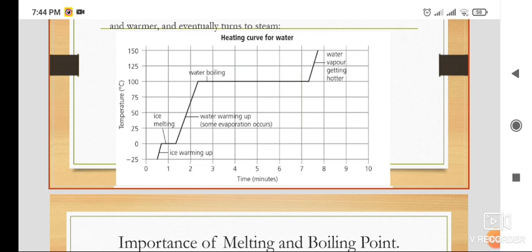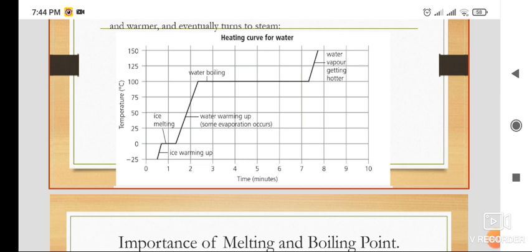First, ice, which was a solid, changed into liquid, and now liquid water is turning into steam. The temperature of the system will not increase once again, and you can see the graph is totally straight, which means the temperature is not increasing.